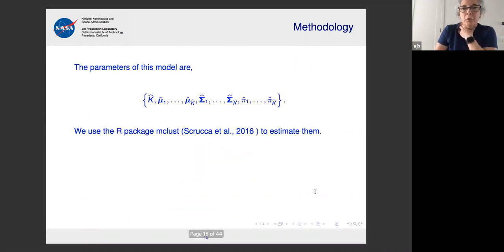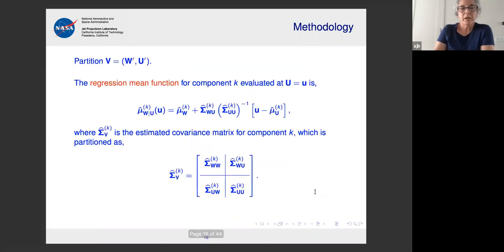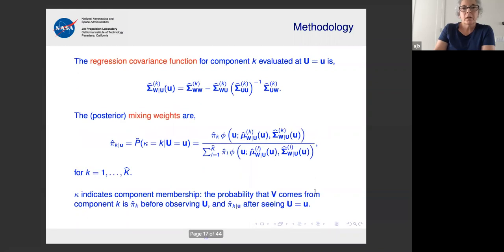So let me show you just a simple graphic of what we were doing here. I guess I'm going to show you that in a second. These are the well-known formulas for the component mean function and component covariance, or regression covariance function, by component, and for the mixing weights.